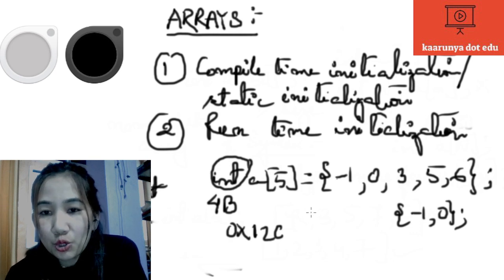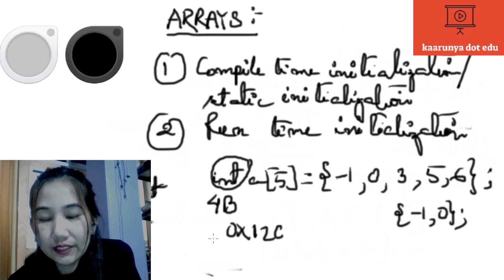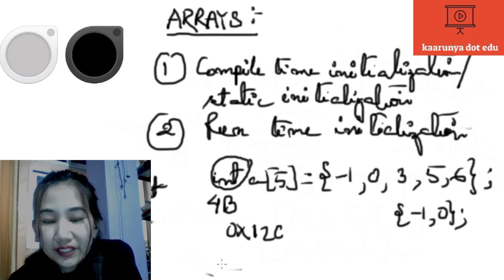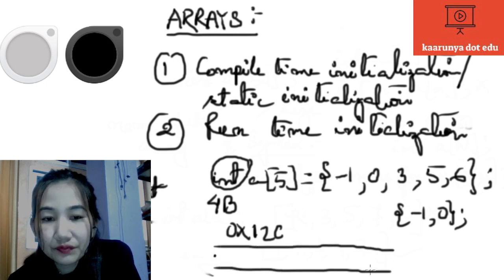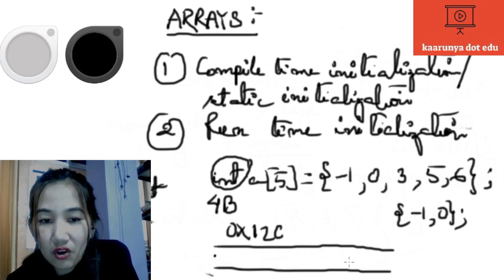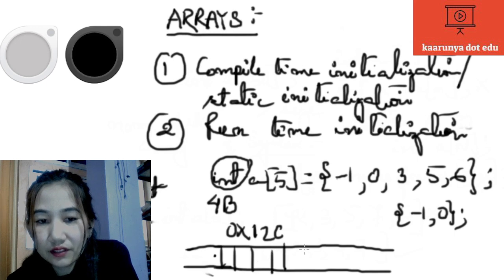Alright, so inside the computer's memory, let us see how the array is stored. As we have discussed earlier, memory is nothing but a long tape of bytes. It is never ending, so we'll give 3 dots here.